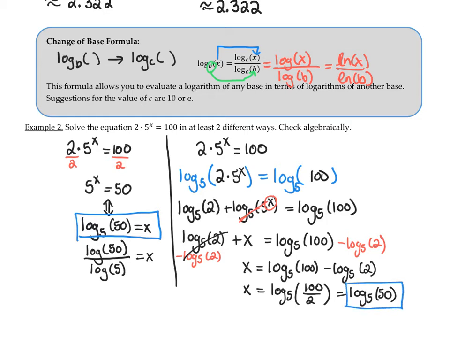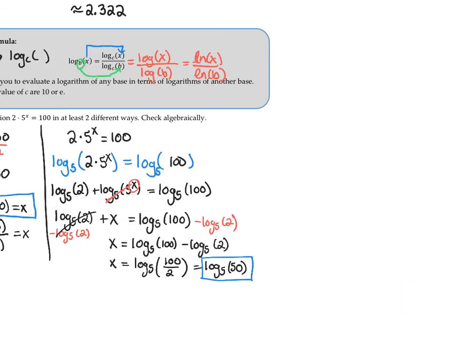Okay, let's go ahead and check algebraically. Checking algebraically just means plugging the answer that I got back into my original equation. So I have 2 times 5 to the x equals 100, and I am going to replace the x with the log base 5 of 50.